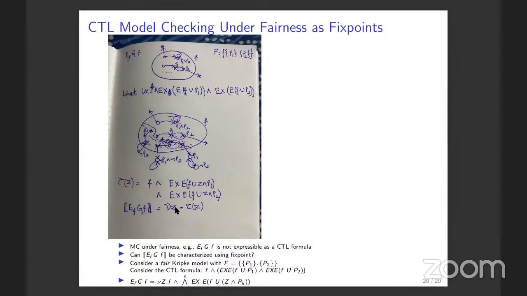But what is happening here is that by combining a fixed point operator, nu Z, and a CTL operator in a nested fashion, you're able to express this. All the CTL tau that you've seen so far was implemented in terms of EX or AX.